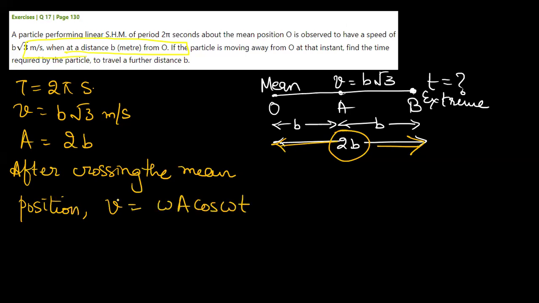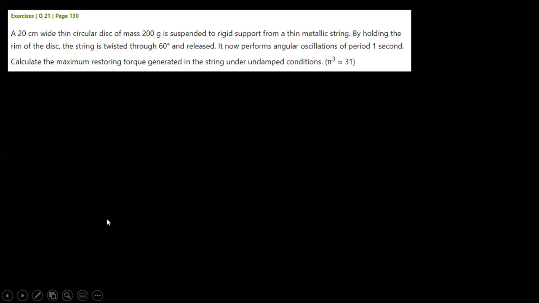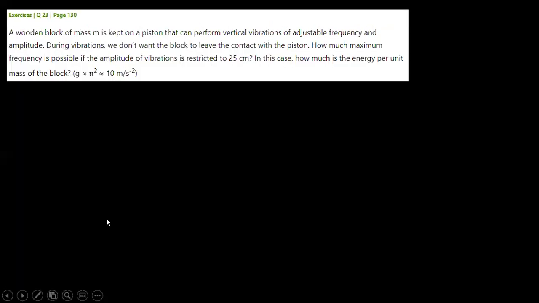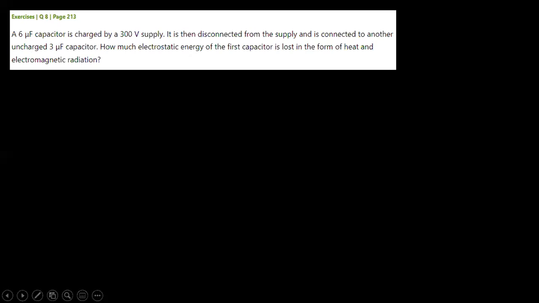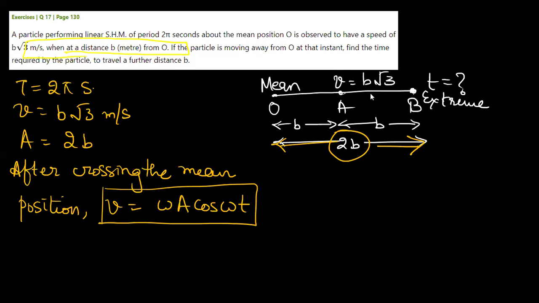This will be the formula because it has crossed the mean position. So V will be equal to omega A cos omega t. Now students, please remember one thing that we have written over here. The time which is required to find will be taken out from this equation.